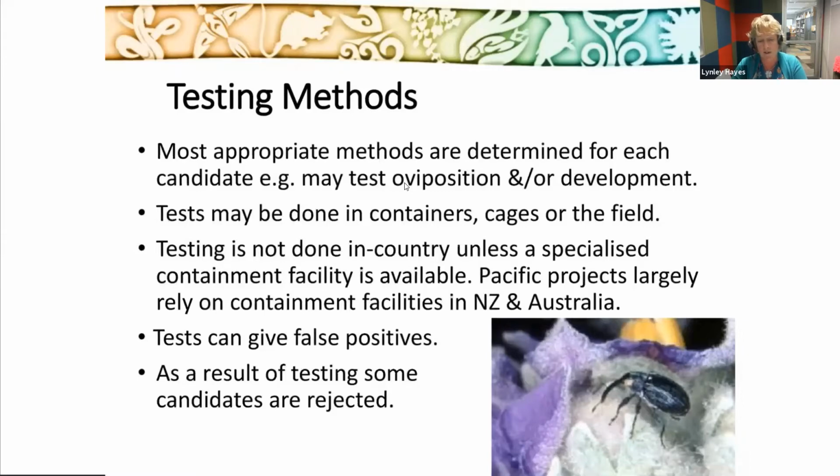Testing can give what we call false positives. What I mean is situations where the testing is a slightly artificial environment and the insects are desperate because we're giving them no choice, or we're confusing them by putting them in a small cage and they're trying really hard to attack something. But the other point I really want to make here is that when we test natural enemies, we do reject some.